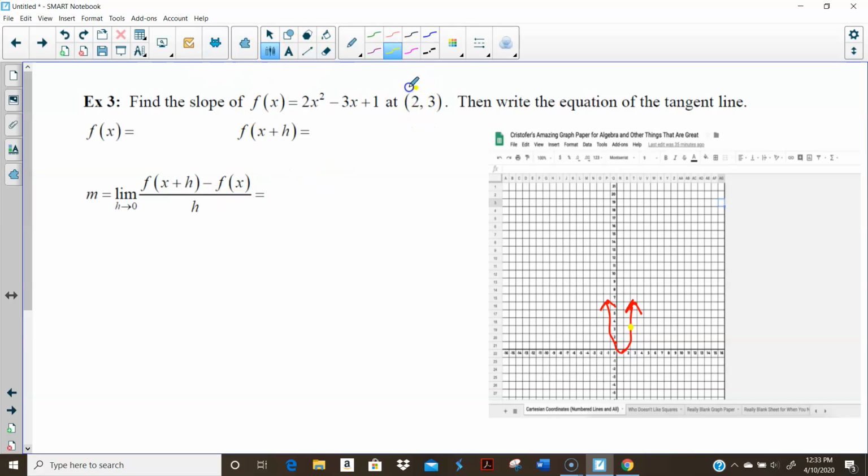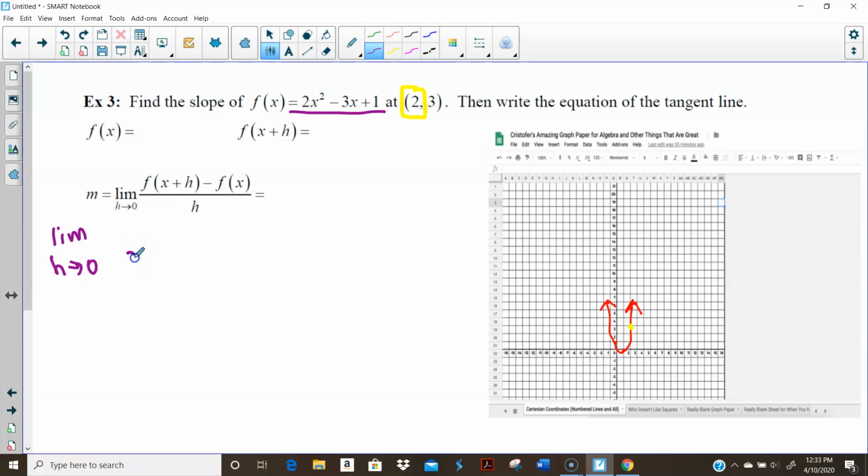So I'm focusing in on when x is 2. So here's my formula, and we're going to go ahead and find the limit as h approaches 0 of f of x plus h. So here is my function, and I'm going to find f of x plus h first.